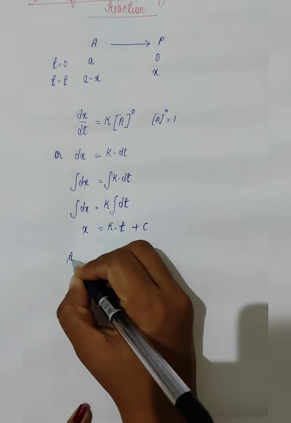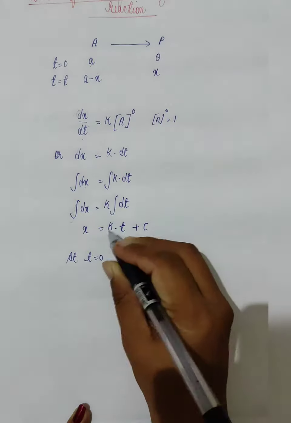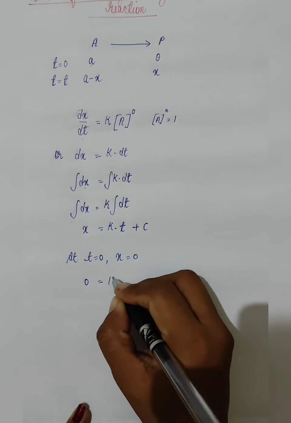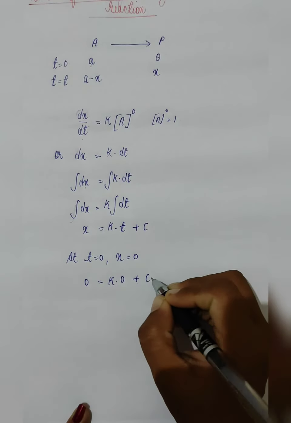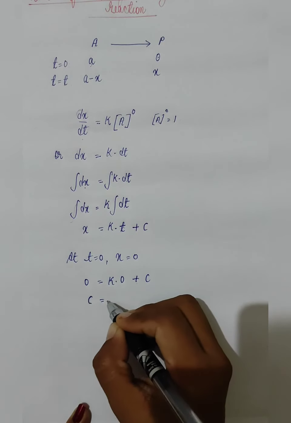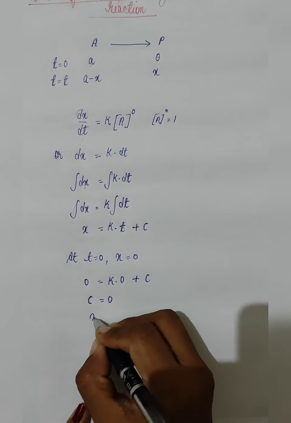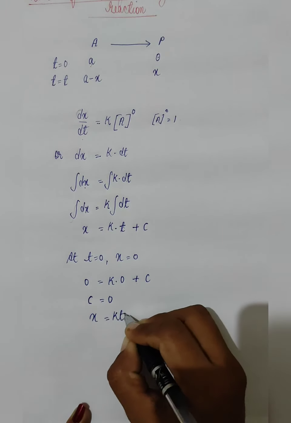Now at t is equal to 0 and x is equal to 0, this equation can be written as 0 is equal to k times 0, since t we are taking 0, plus c. So we get the constant term as 0. So x is equal to kt.